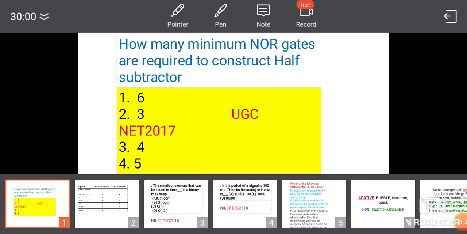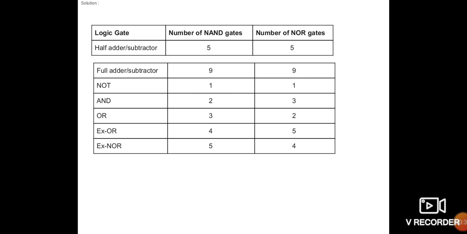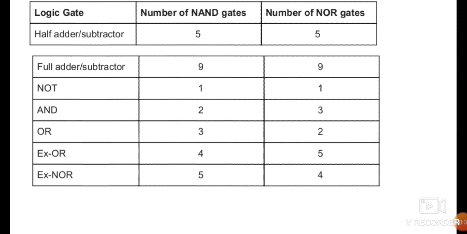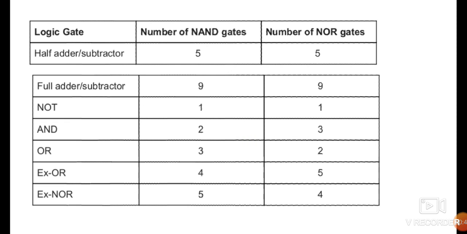NOR gate and NAND gate are both universal gates. Here is the list of how many NAND gates and NOR gates are required to build the logic gates: half adder or subtractor, and full adder or subtractor.